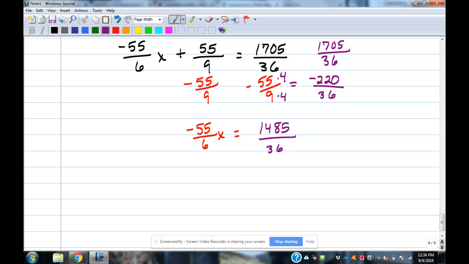So I'm going to divide by the biggest one of those, 9. So how many times will 9 go into 1485? Because I know the bottom part's 4. 165. Okay. And then I'm going to leave this one the same.